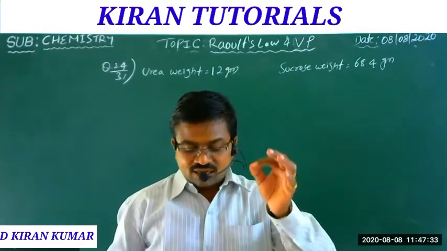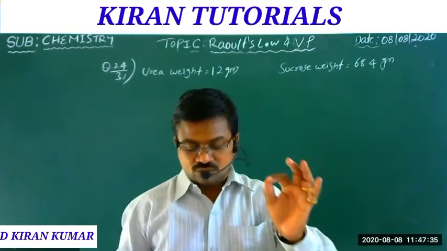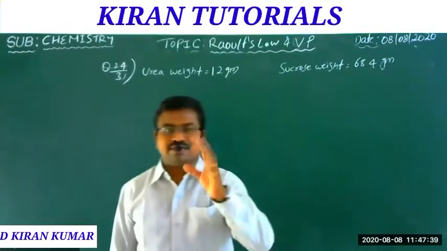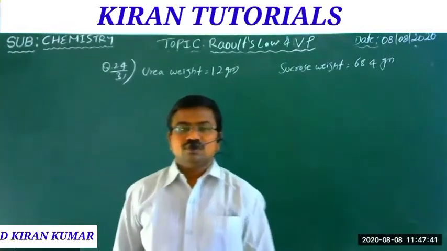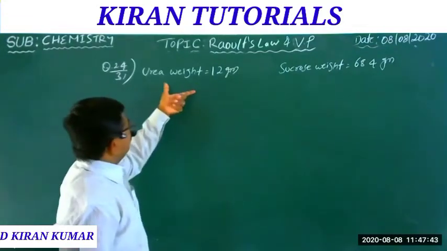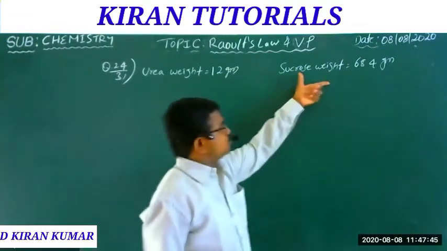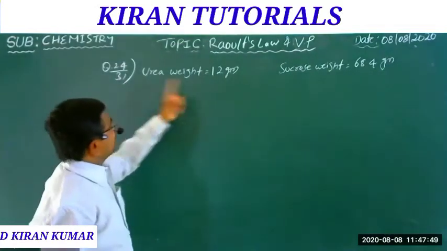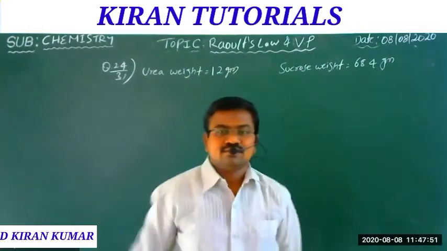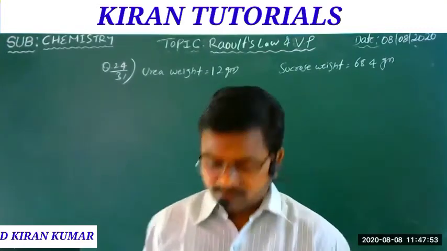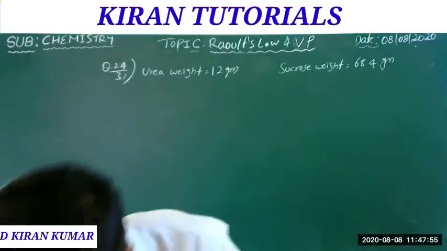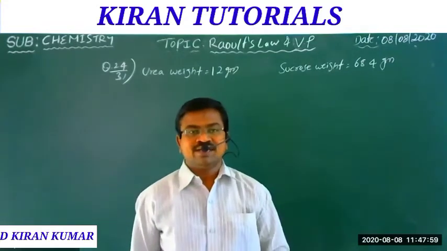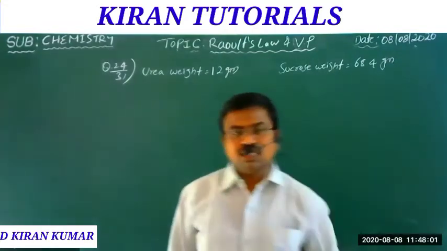Then the lowering of vapor pressure of the first solution is... So in both cases, sucrose is dissolved in 1 liter volume, urea also dissolved in 1 liter. Then what about the lowering of vapor pressure? You know Raoult's law.